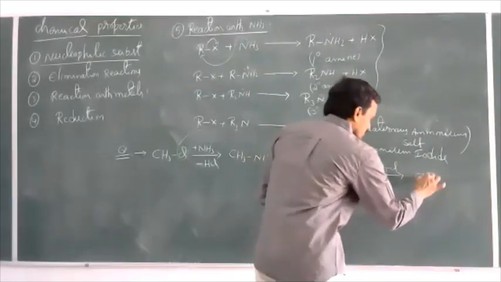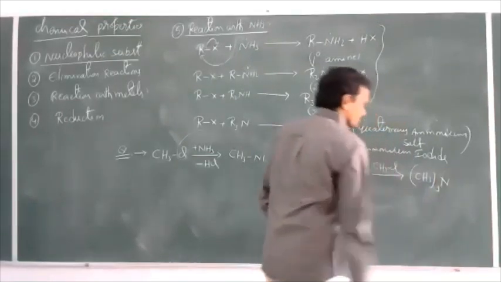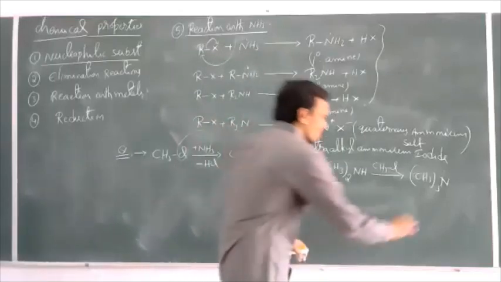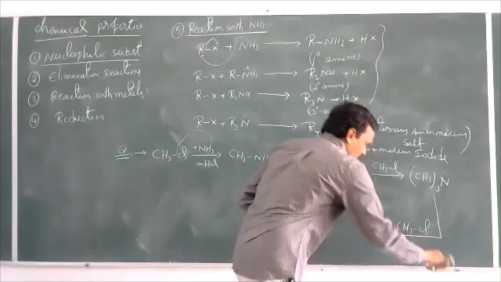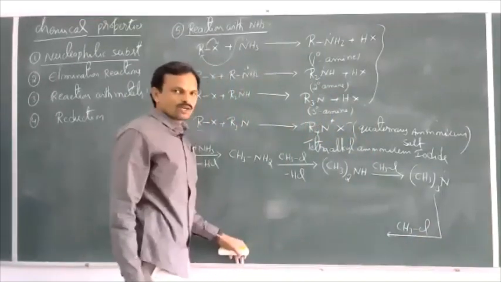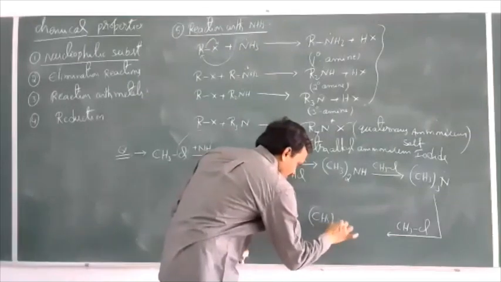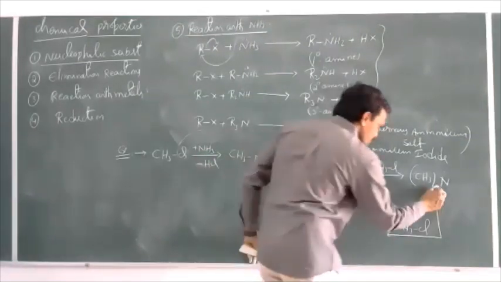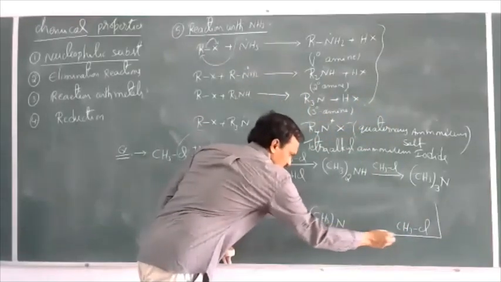Then we can get (CH3)3N. And now this can further react with one more molecule of methyl chloride. But here no substitution, only addition takes place. Then we can get (CH3)4N. This is the product formed here.